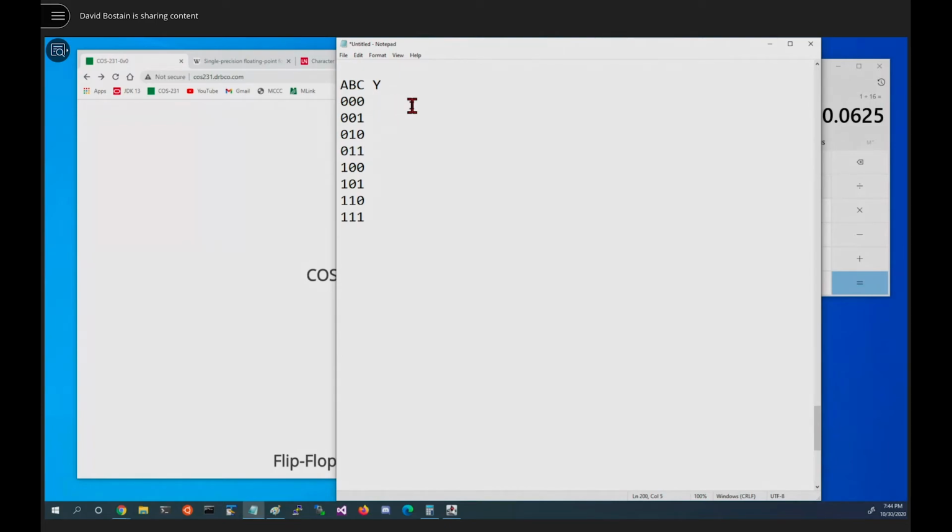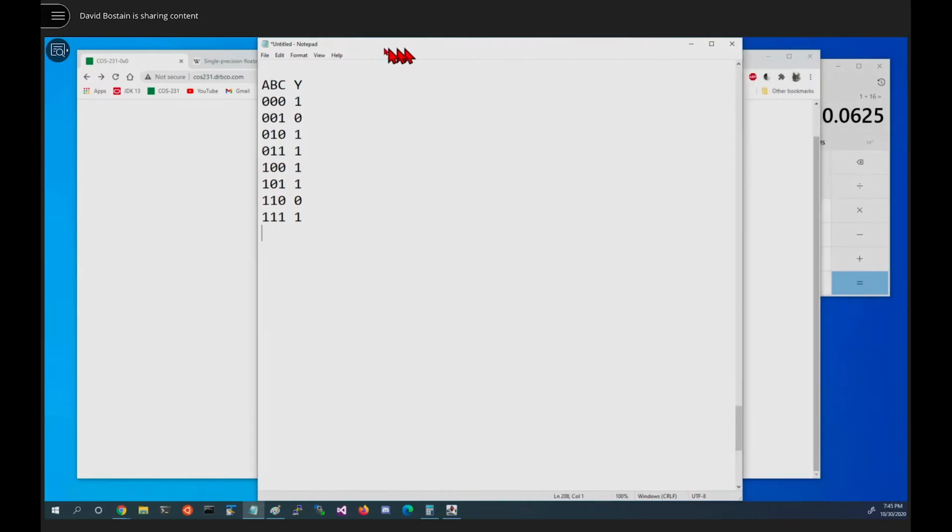Okay, so let's take a truth table and let's take 1, 0, 1, 1, 1, 1, 0, like that. Good enough. And first of all, let's do the Karnaugh mapping of the thing to try to get the equation.